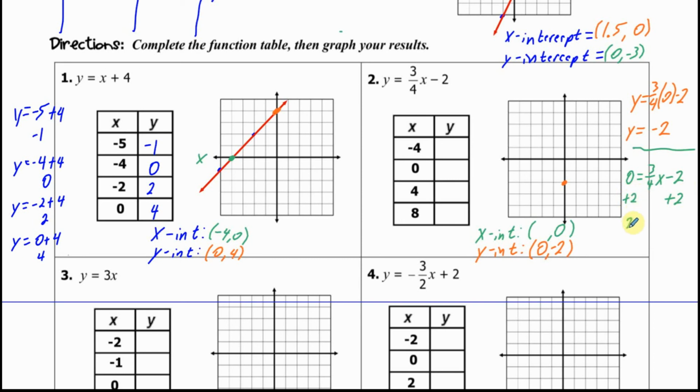So now we're going to get 2 equals 3/4 x. And now I want to get rid of 3/4. What can I multiply? Because this is 3/4 times x. You could divide or multiply to get rid of fractions.